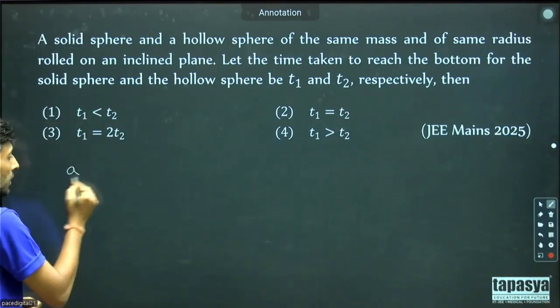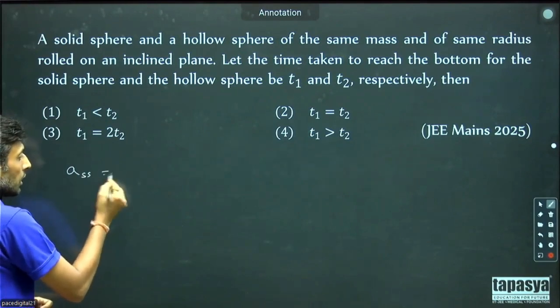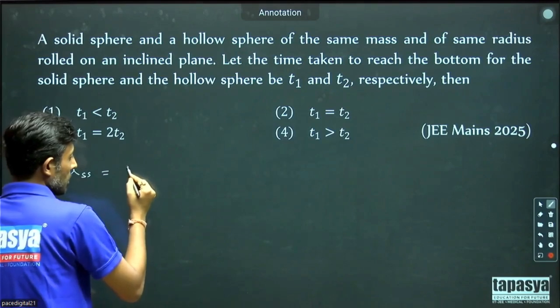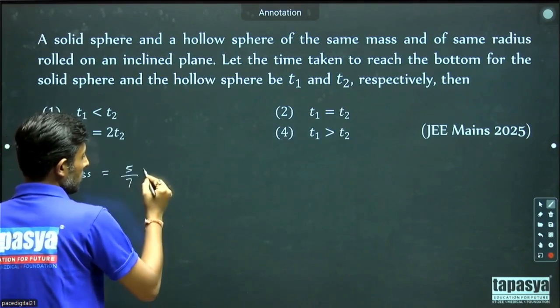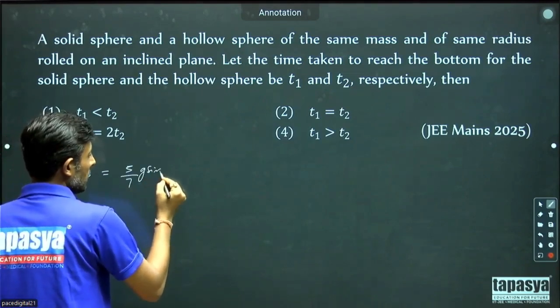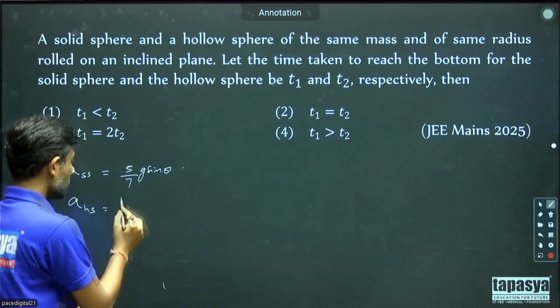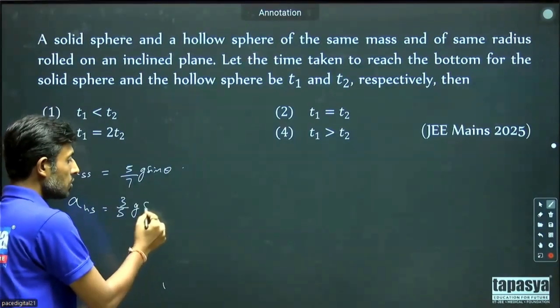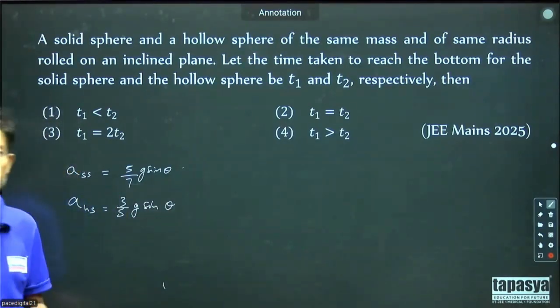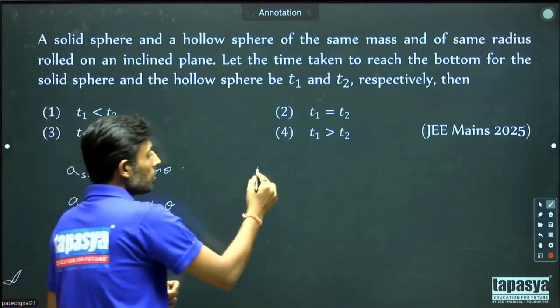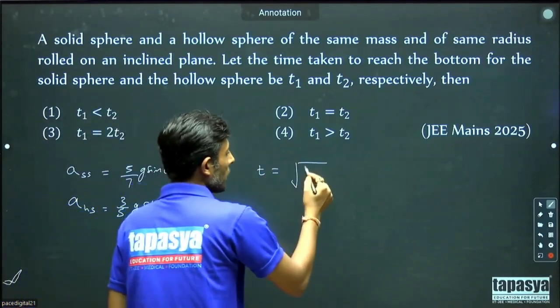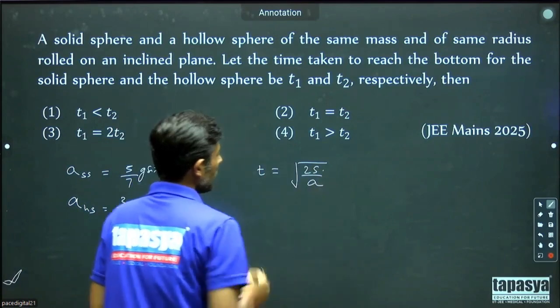So we got acceleration for the solid sphere as 5 by 7 g sine theta. Acceleration for the hollow sphere, we got 3 by 5 g sine theta. And we also know that time was given by root of 2s upon a.